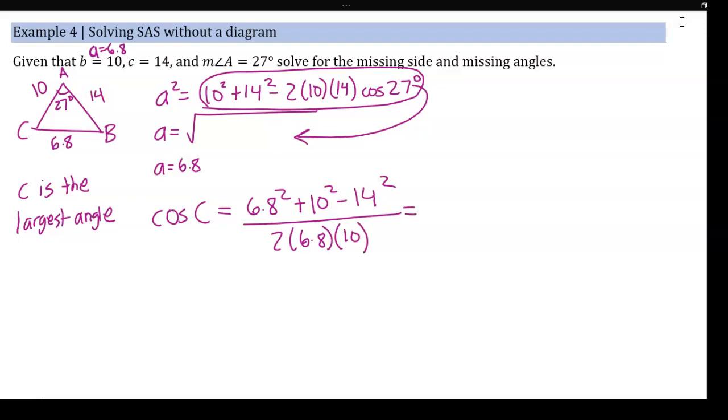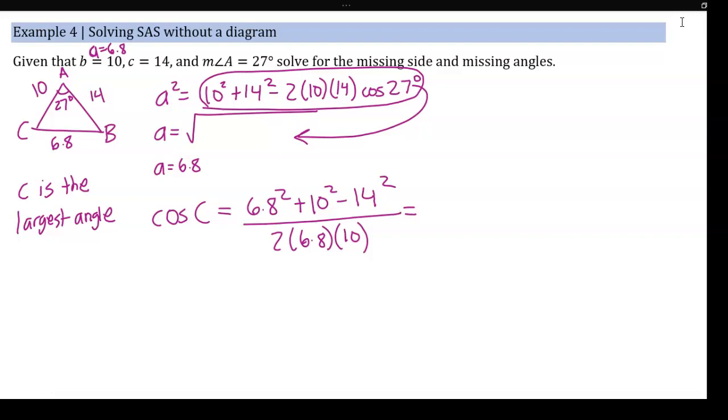And that's going to give us, let's see, cosine inverse of 6.8 squared plus 10 squared minus 14 squared divided by 2 times 6.8 times 10. Hold on. I put something in incorrect.